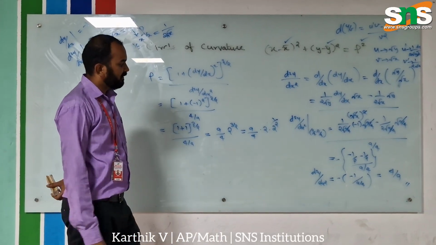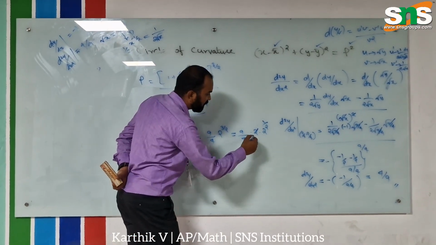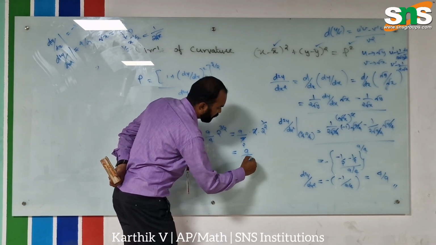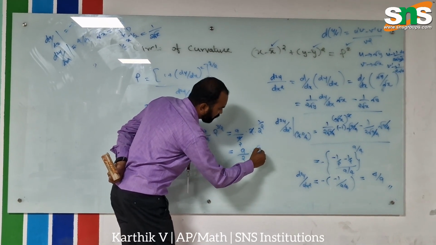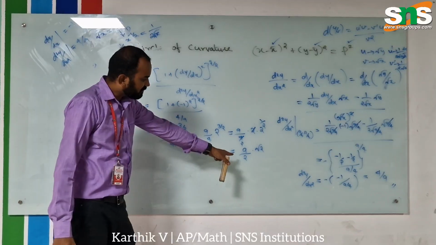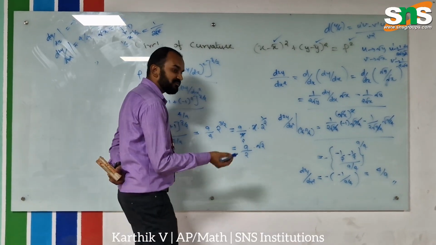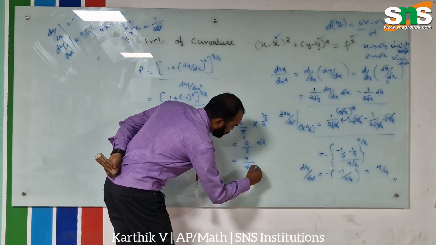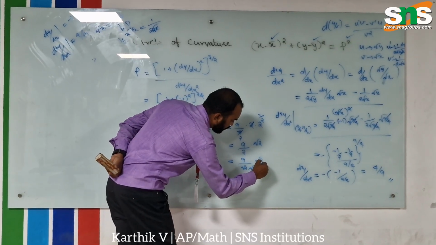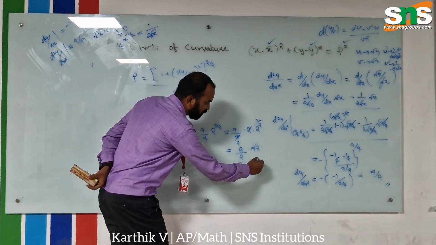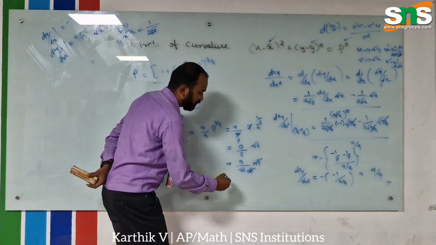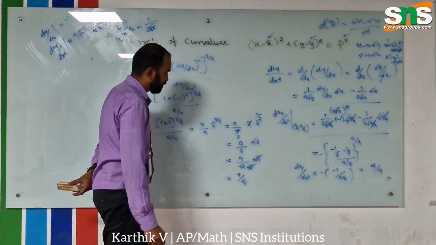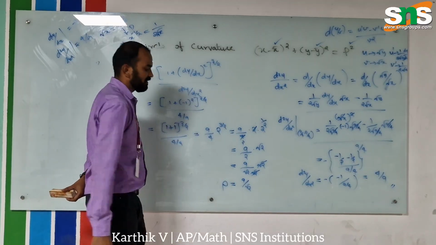They can cancel numerator 2 and denominator 4. That is a by 2 into square root of 2. This 2 also can be written as square root of 2 into square root of 2. So a divided by square root of 2 into square root of 2, we can cancel numerator and denominator square root of 2. So the final answer is a divided by square root of 2. This is our radius of curvature rho.